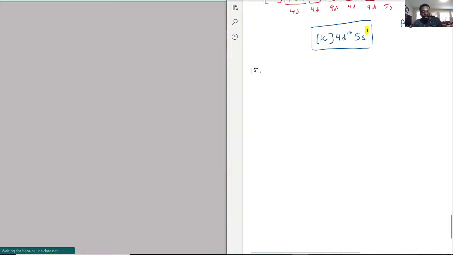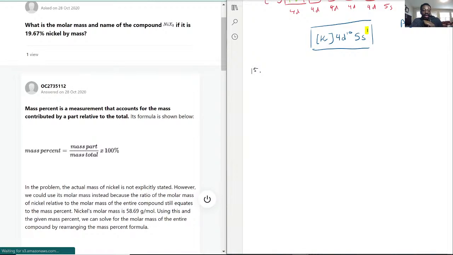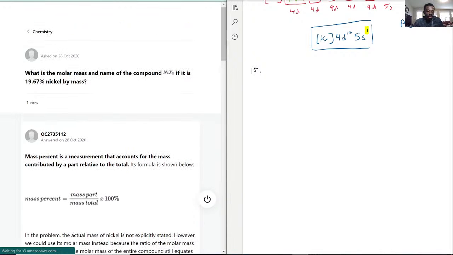Okay, so what is the molar mass and name of the compound NiX3 if it's 19.67% nickel by mass? Okay, that's kind of tricky actually.